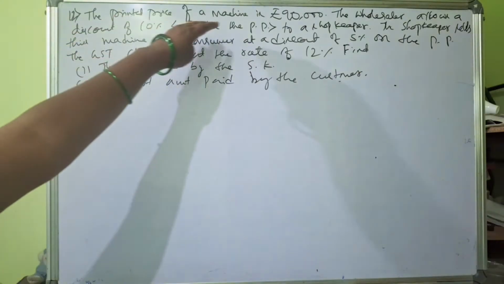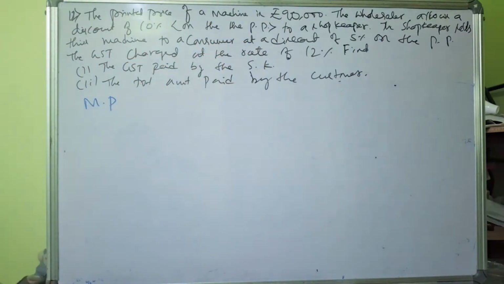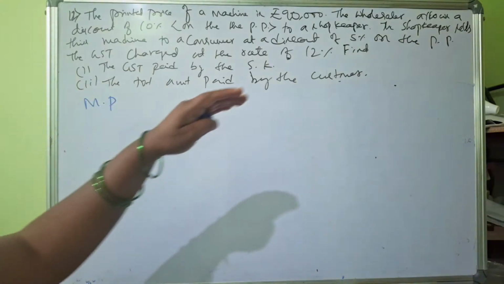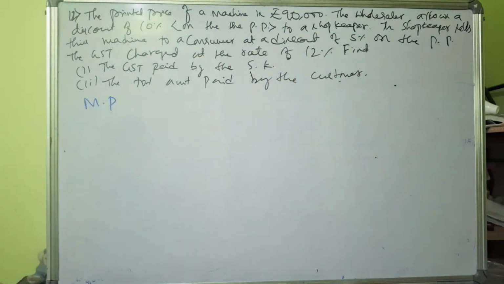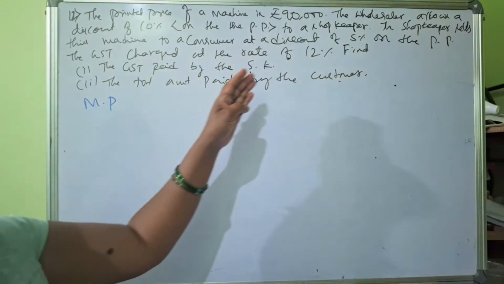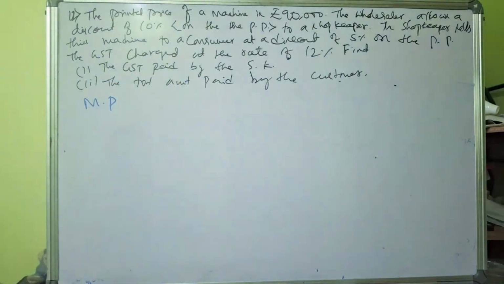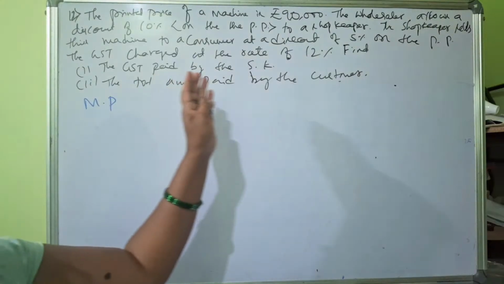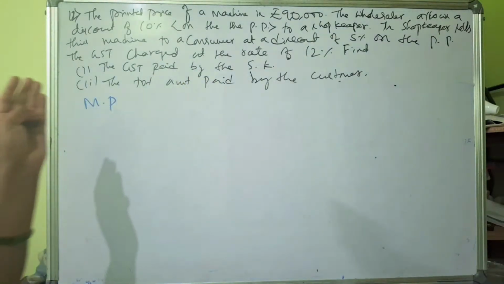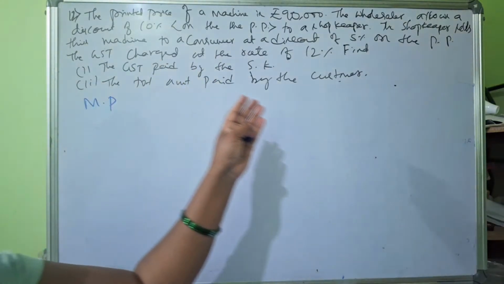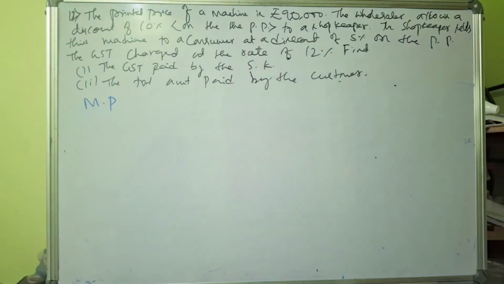The printed price of a machine is 90,000. The wholesaler allows a discount of 10% on the printed price to a shopkeeper. The shopkeeper sells this machine to a consumer at a discount of 5% on the printed price. The GST is charged at the rate of 12%. Find the GST paid by the shopkeeper. In the first question, we have to find the GST paid by the shopkeeper, and in the second question, the total amount paid by the customer.